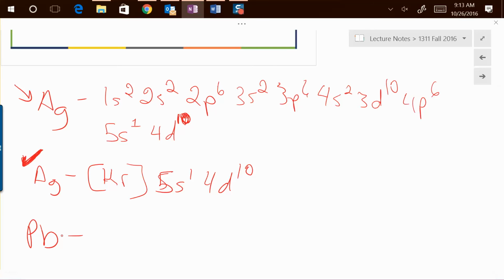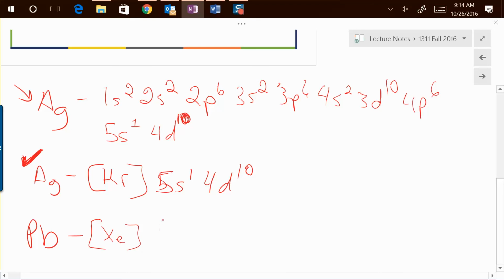The abbreviated electron configuration of lead. Okay, who can tell it to me?